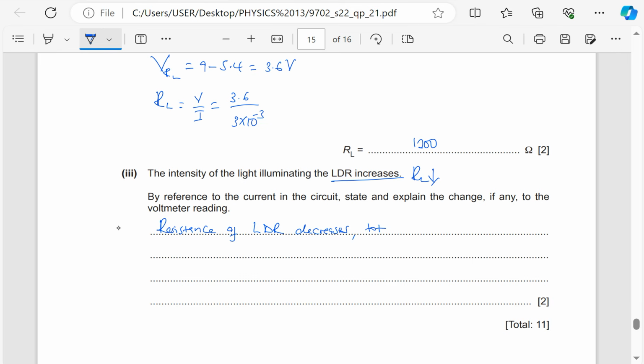Total resistance for the circuit decreases. And remember, from V is equal to IR, I is inversely proportional to R if V is constant. So total resistance decreases, current in the circuit increases.